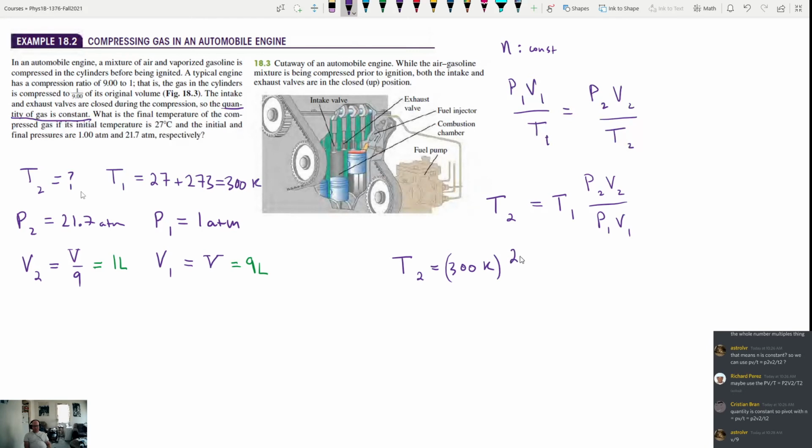P2. Volume 2. Let's just make it 1 liter. That seems like the easiest thing to do. Divide by pressure 1, which was 1 atmosphere, and volume 1, which we're just going to use 9 liters. Okay, so you can see it's going to be something like a ratio of 22 over 9 multiplied by 300.